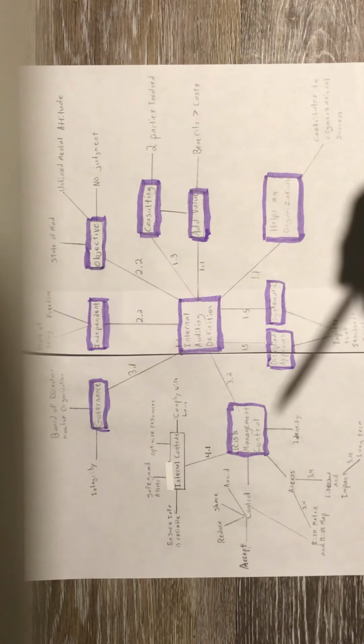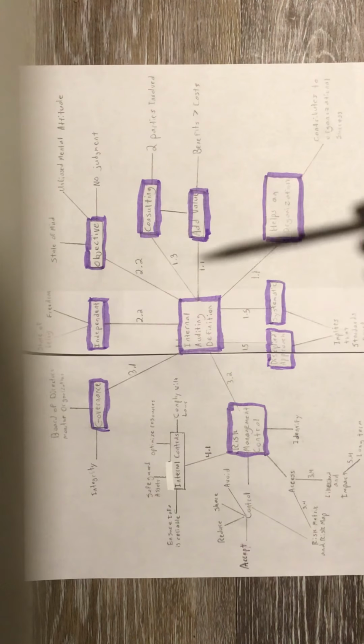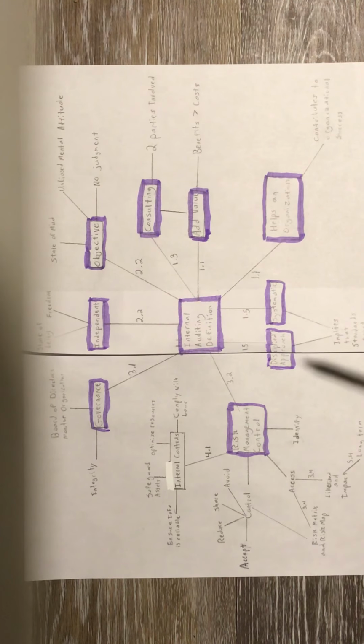When you help an organization, you contribute to the organizational success, and it's no longer just a way to reduce external audit cost, a policy and function. Moving on to my next point, in Unit 1.5, it's a disciplined approach and systematic. These two are similar, and what they do is they imply that standards exist.